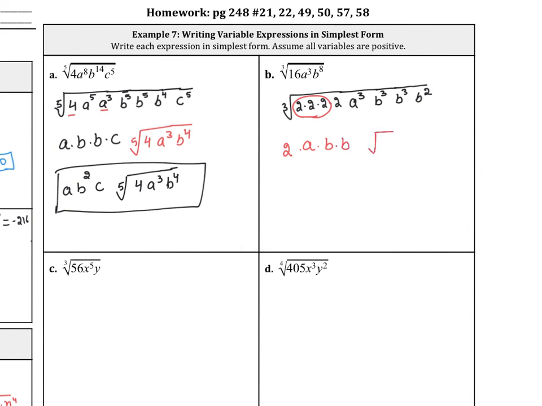Inside you are left with the 2 and b squared, so 2b squared. The answer is 2ab squared, cube root of 2b squared.